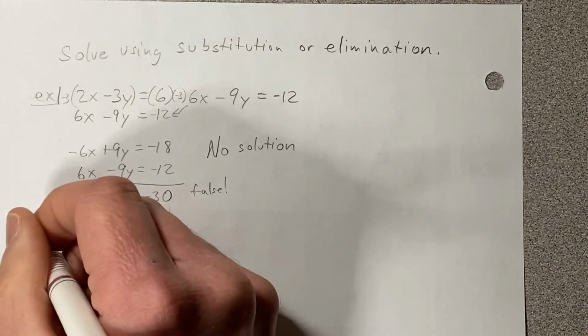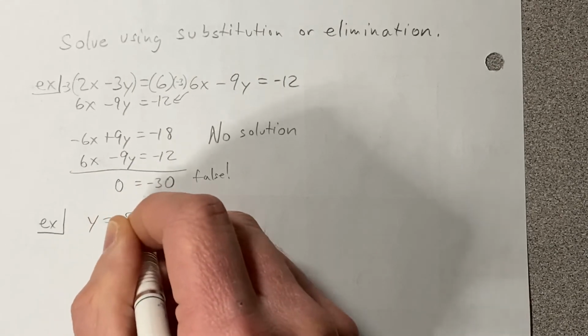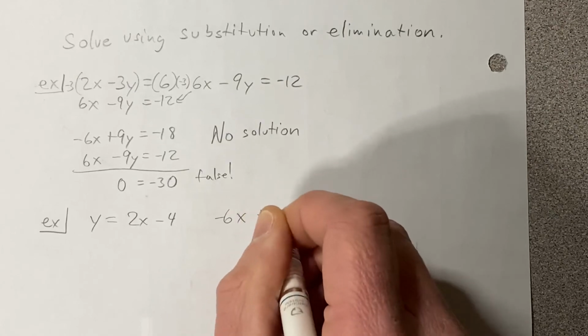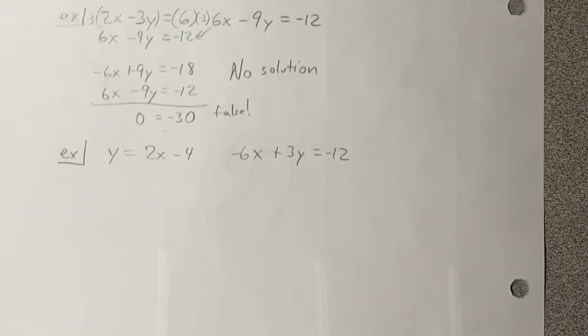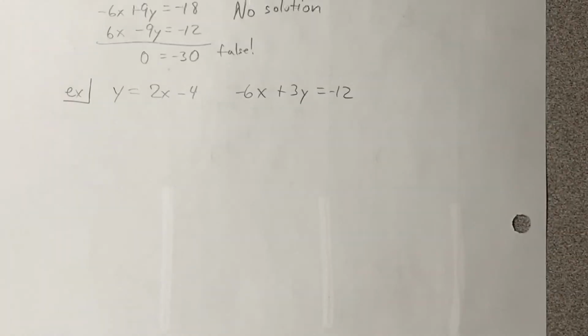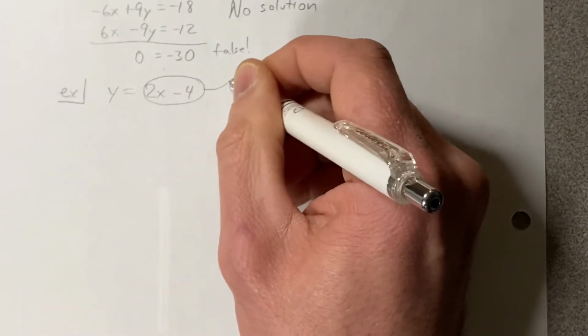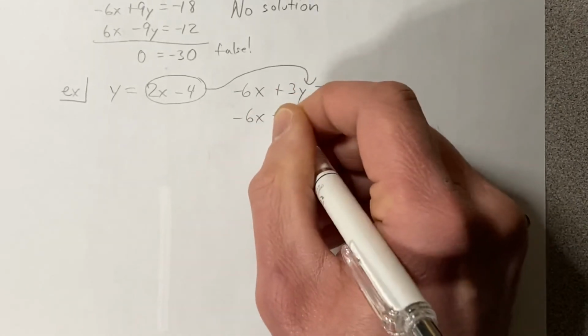All right, let's try another one. y equals 2x minus 4 and negative 6x plus 3y equals negative 12. Since one of the variables is already solved for, I'm going to go ahead and use substitution here. I'm going to take that 2x minus 4, substitute it in for y, and work this thing out.